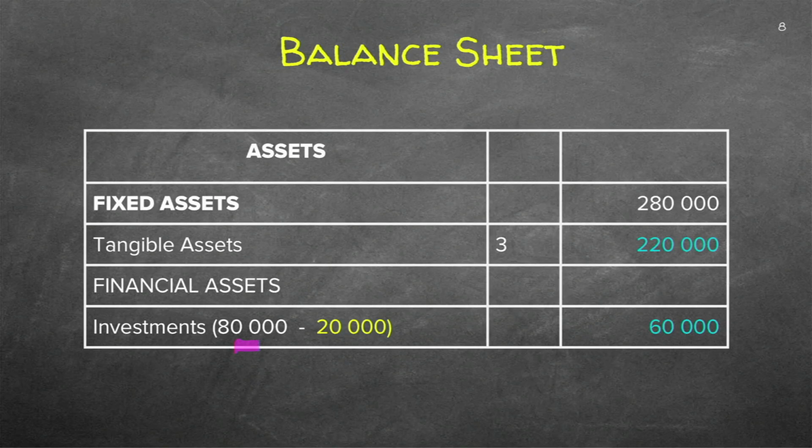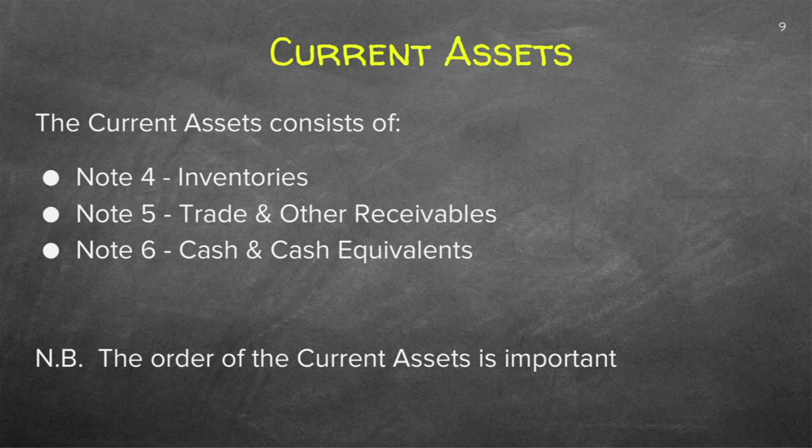And so the original investment was 80,000, and I can conclude because I have subtracted 20,000 Rand, that 20,000 Rand will be maturing in the coming year. And so the fixed portion of the investment is 60,000 Rand. Now let's look at current assets, and I'm going to come back to that 20,000 Rand. Just bear in mind, keep that at the back of your memory.